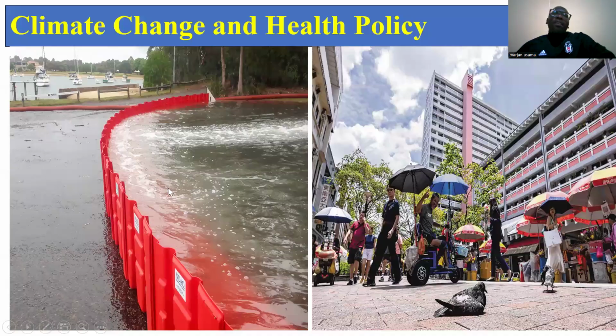Now, another important thing related to environmental health policy and regulation is climate change and health policy. This is one of the most important areas in the 21st century because we are living at a time where the environment is becoming unpredictable.